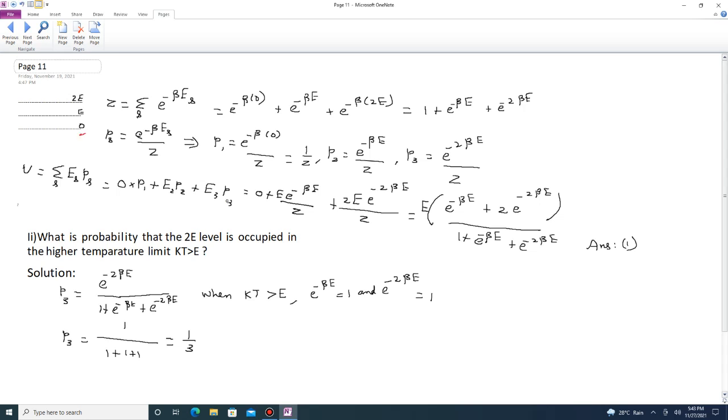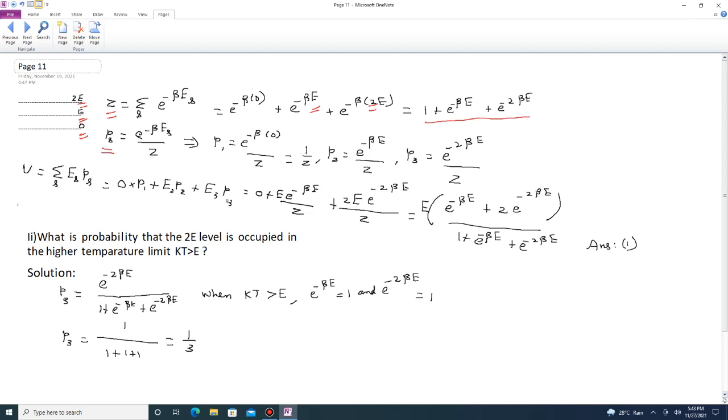So energy is 0, E and 2E. The expression for Z is like this, because it is a non-degenerate system: e power minus beta times the energy 0 for the first term, e power minus beta E for the second term, and e power minus 2 beta E for the third. Once we substitute, we can find the value of Z. Then the next step is to calculate P1, P2 and P3.